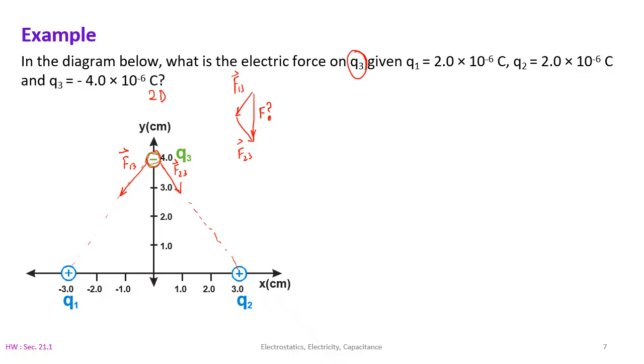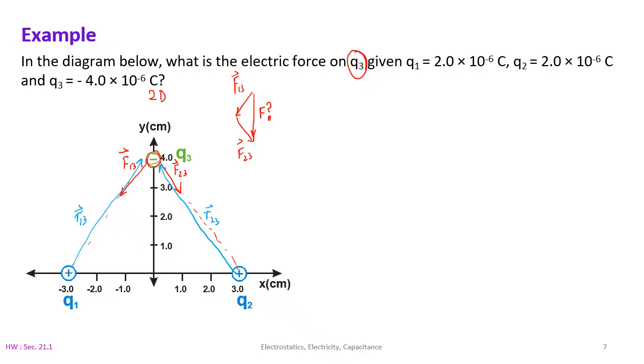If you want to use the vector form of Coulomb's law, we've got to draw in our position vectors. This will be R13, and this one here will be R23.